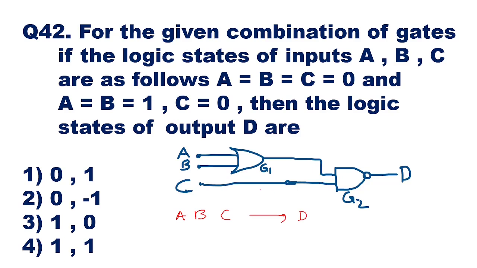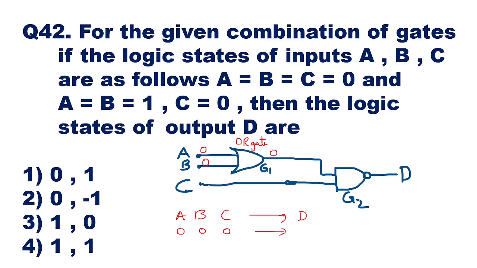Now if these inputs in the first case, A is equal to B is equal to C is equal to 0, if they are 0, 0, 0, then what is the output D? Here A is 0 and B is 0, and here you are having an OR gate. For OR gate, we know the definition as when both the inputs are 0, 0, the output is 0.